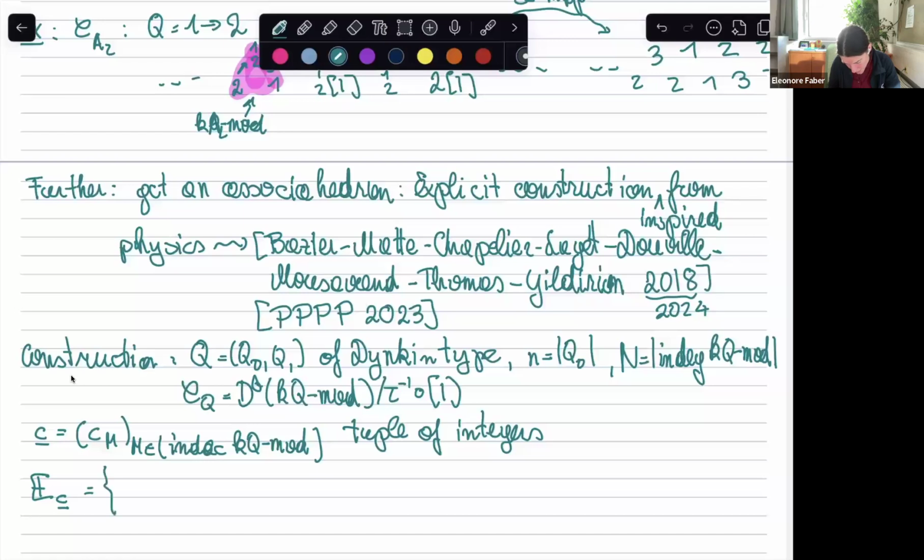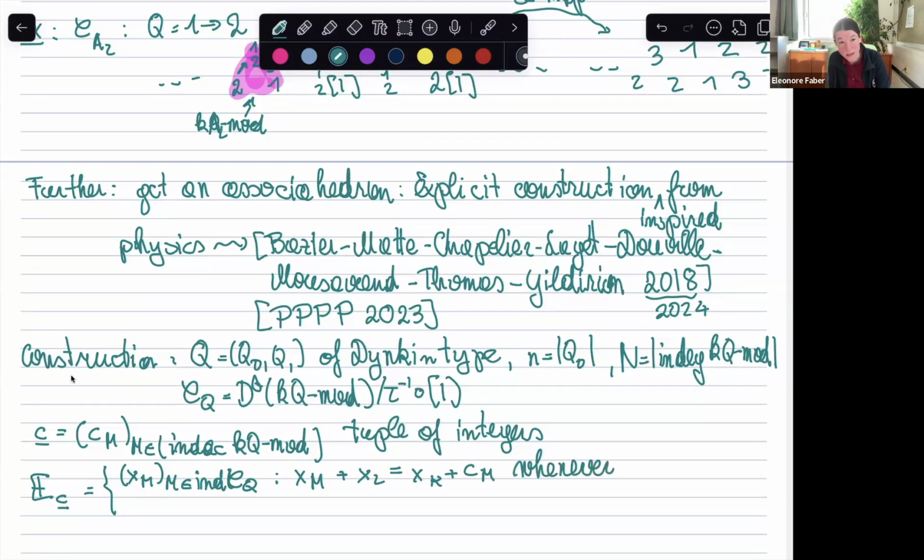So this is the now tuple of real numbers, where now we look at all the indecomposable objects in the cluster category, so also the shift of the projectives, such that a certain equation is satisfied, namely xm plus xl is equal to xk plus cm whenever we have an AR triangle of the form m goes to k, goes to l, goes to m shift in CQ.